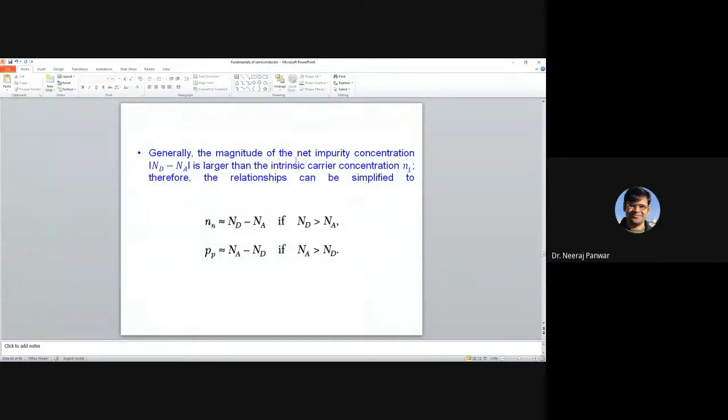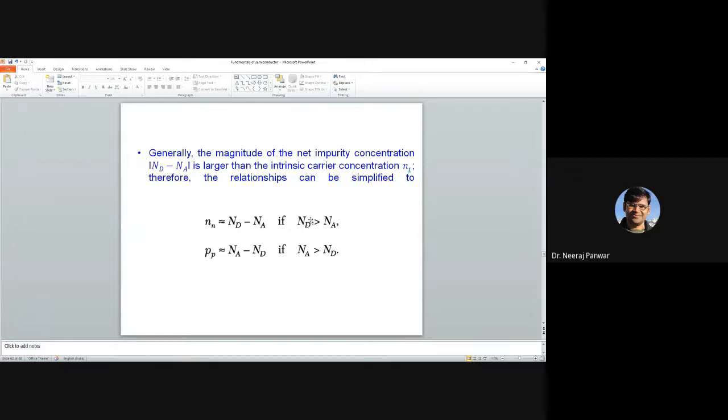The magnitude of the net impurity concentration, that is Nd minus Na, is larger than the intrinsic carrier concentration. Therefore, the relationship can be simplified. If the donor concentration is greater than the acceptor concentration, the material will be an n-type semiconductor, and the electron concentration in the conduction band is approximately equal to the difference Nd minus Na.